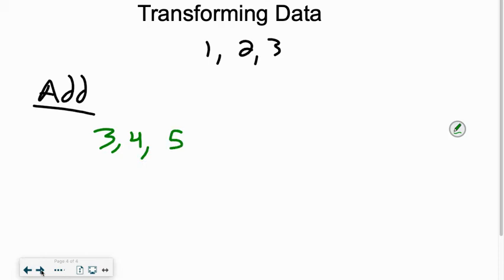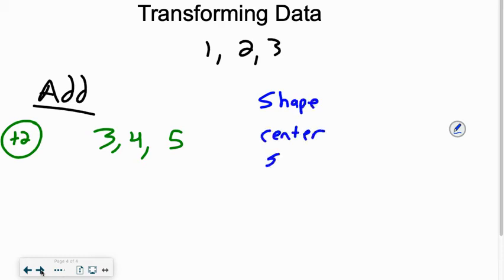We added 2 to the original data set. We're concerned with 3 things: the shape, the center, and the spread. The shape is going to remain the same if we were to graph it.